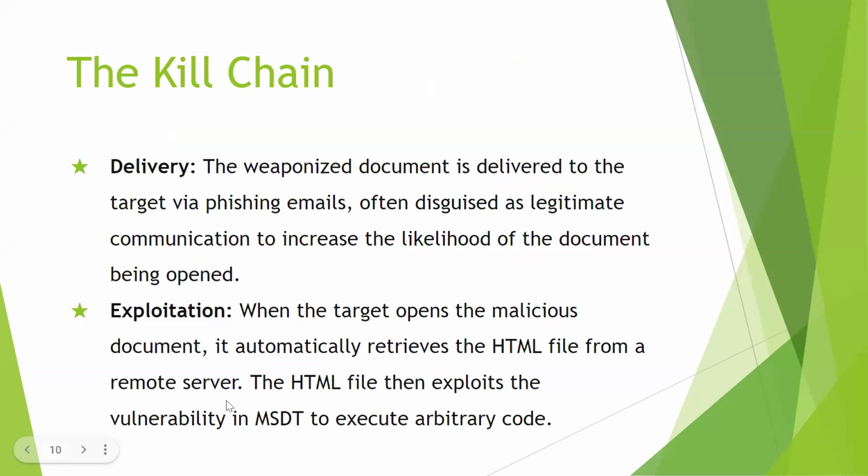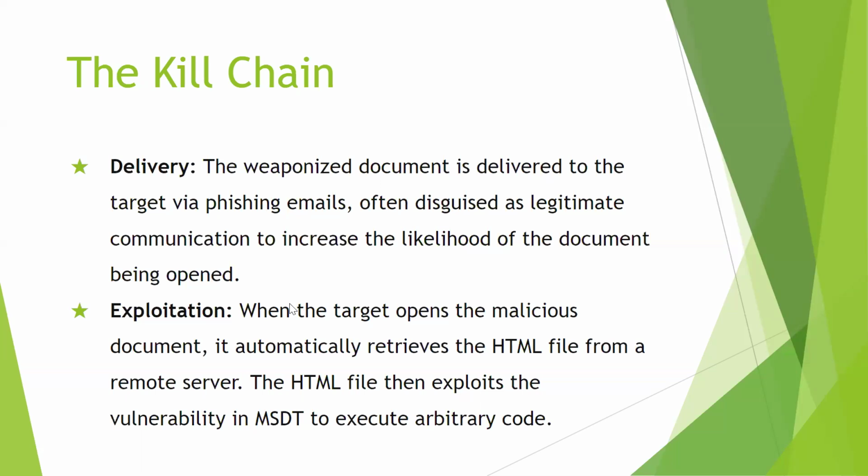Then when it comes to delivery, the document is delivered via phishing emails. So we can see that phishing emails are being utilized a lot as delivery mechanisms. These are often disguised as legitimate communication to increase the likelihood of the document being opened. Then in the exploitation phase, the target opens the malicious document, which retrieves the HTML file from maybe a remote server.